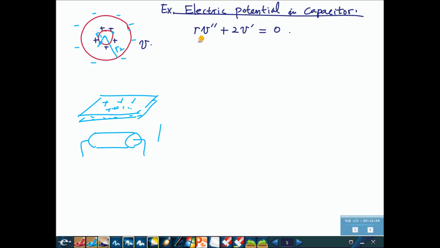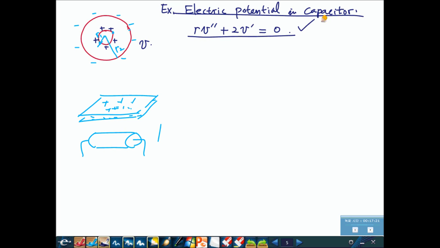Somebody who really knows about the capacitor made this equation from the experiment. Usually they make it for you, or even you can make it. Mostly it's given.